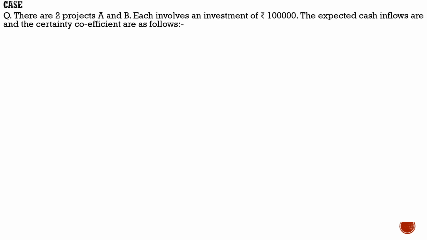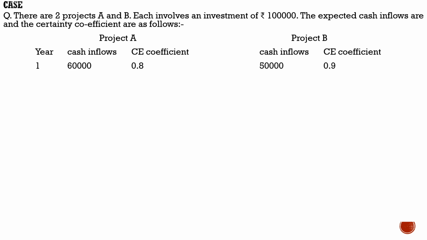Next case, there are two projects A and B. Each involves an investment of 1 lakh. The expected cash inflows and the certainty coefficients are as follows. So two projects are given, project A and project B. See, for 3 years the cash flows of projects A and B along with their coefficients are given.